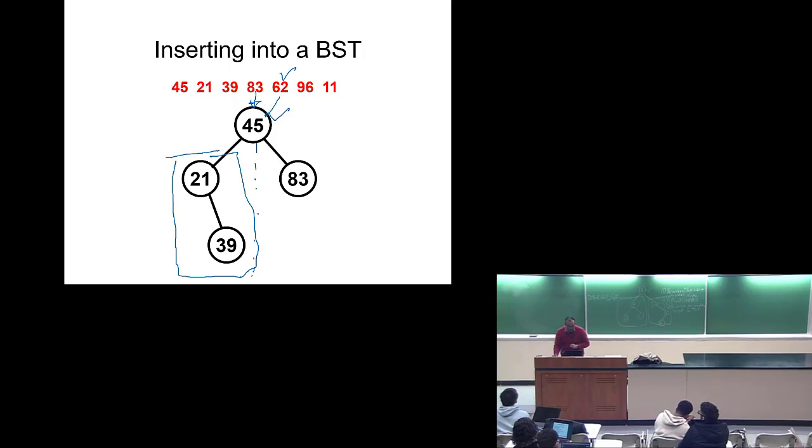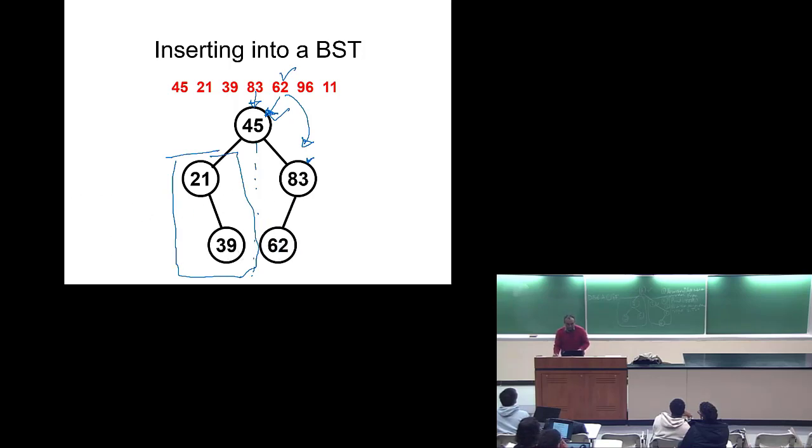You compare 62 with 45. It is on the right hand side. You will come here. Now we already have a node over there, which is 83. Right? So we'll have to plug it somewhere on the left or the right of 83, and for that we will compare 62 with 83, and 62 is less than 83, so it goes on the left hand side.